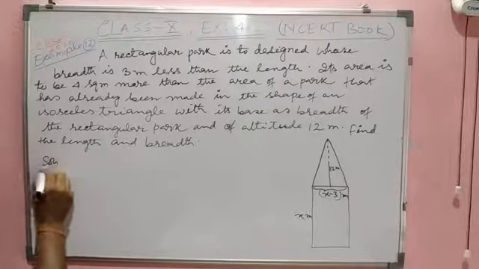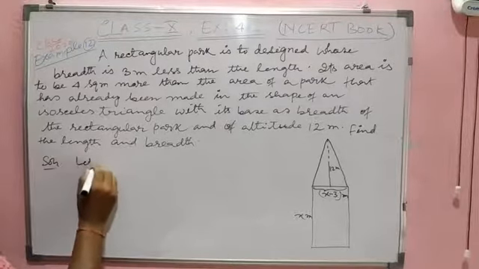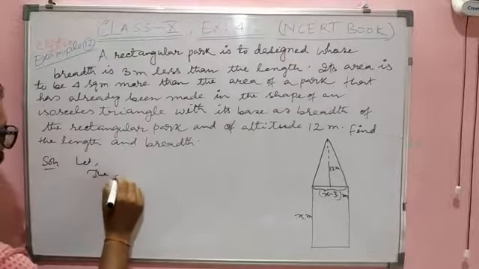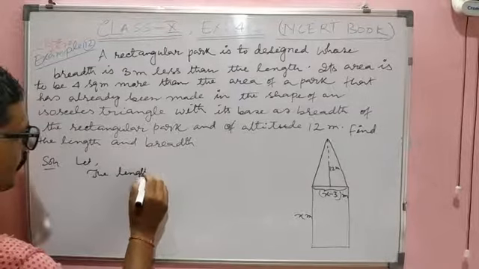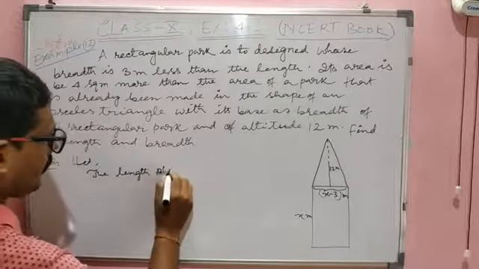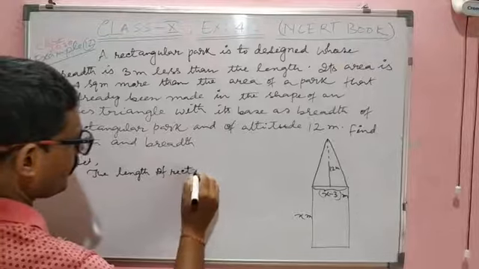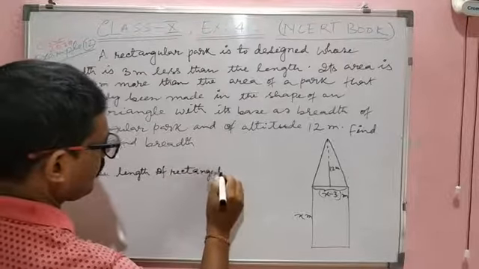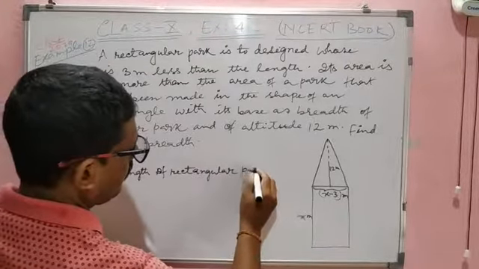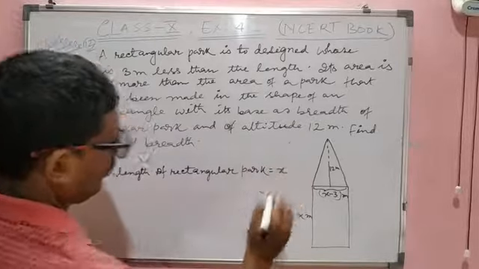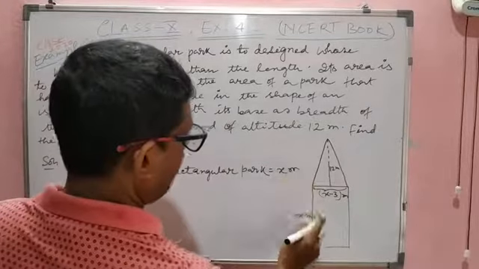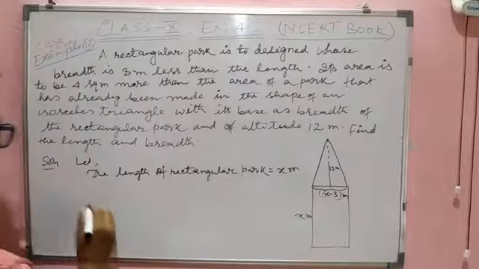Solution. Let the length of the rectangular park equal x meter.